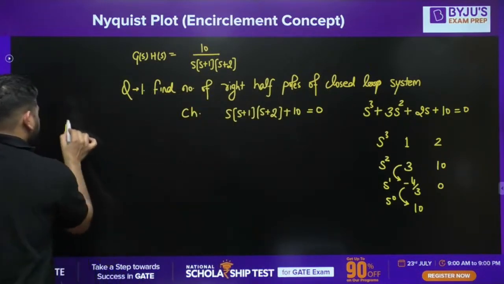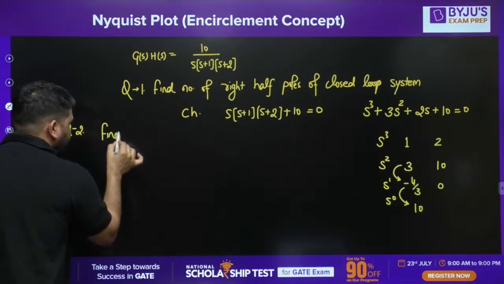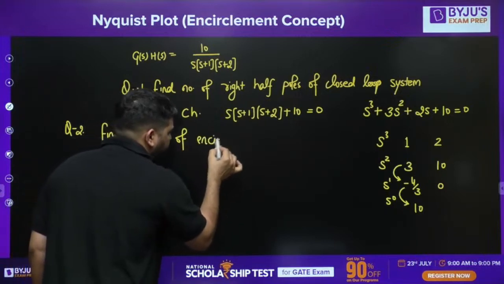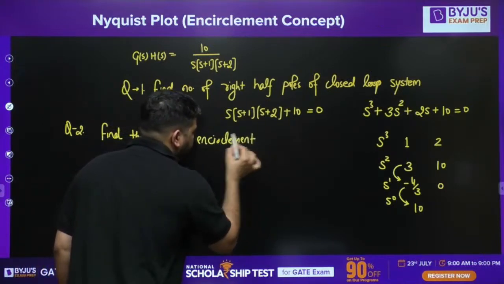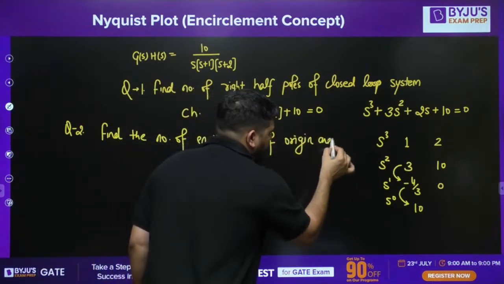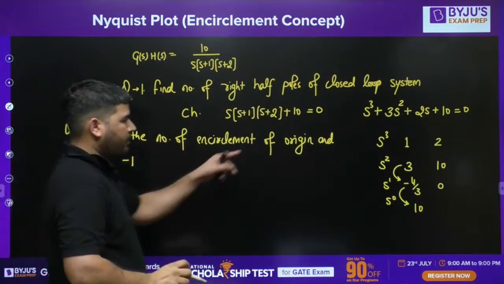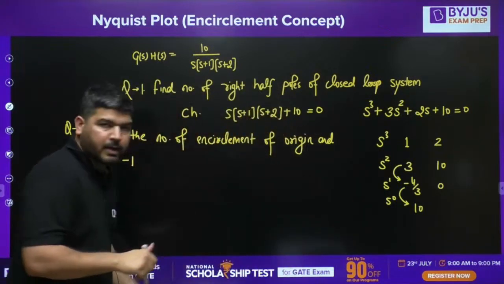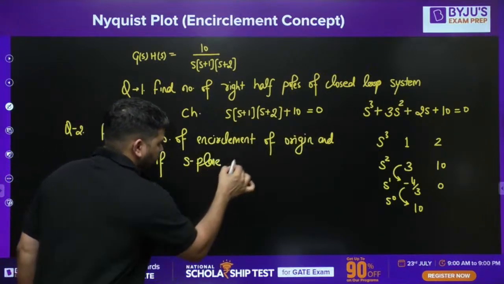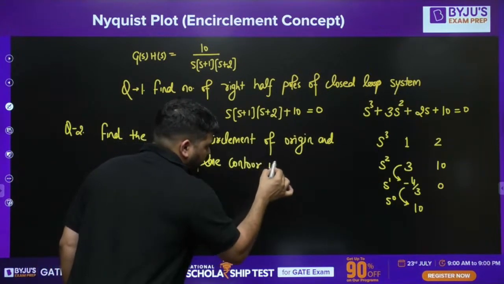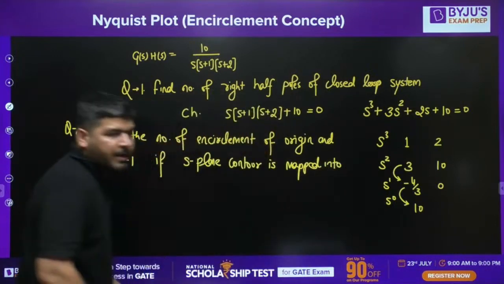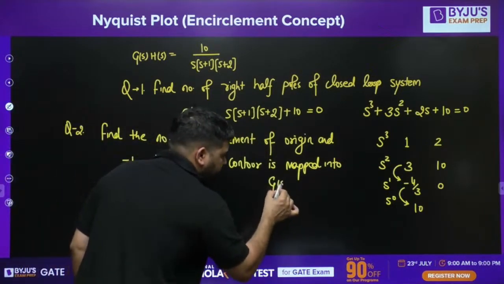Now question number 2 is, find the number of encirclements of origin and minus 1 if the S-plane contour is mapped into GSHS.